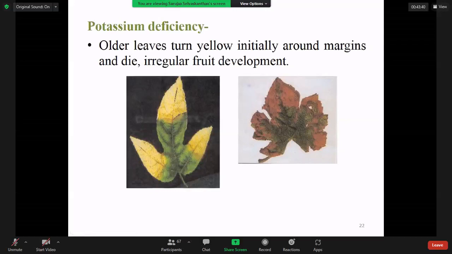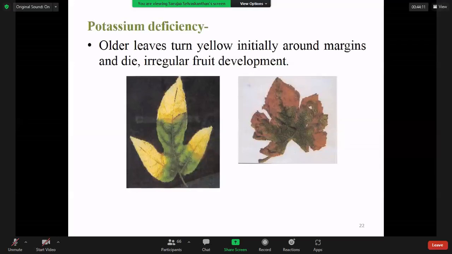What are the deficiency symptoms of nitrogen? All leaves turn yellow. Good. Then what are the toxicity symptoms of nitrogen? Dark green. Then what are the deficiency symptoms of phosphorus? Purple coloration.